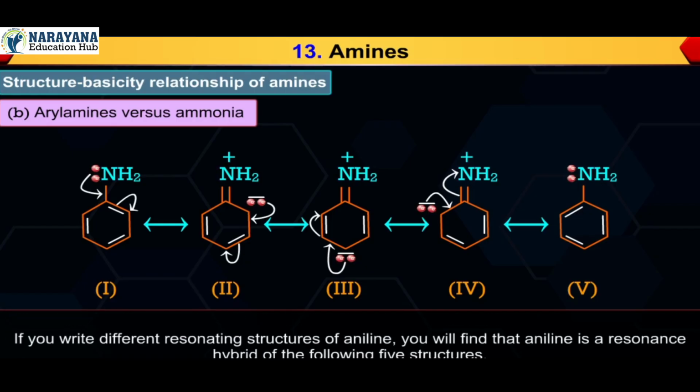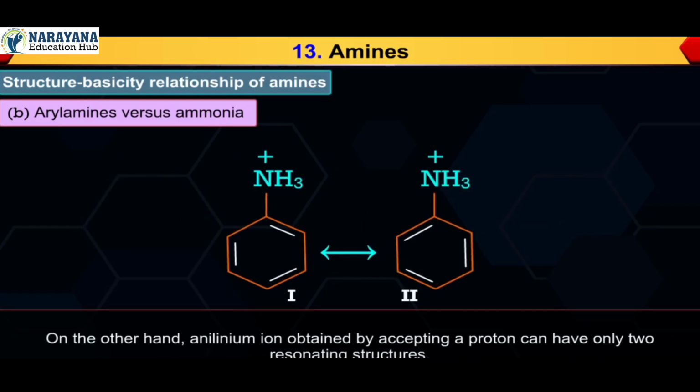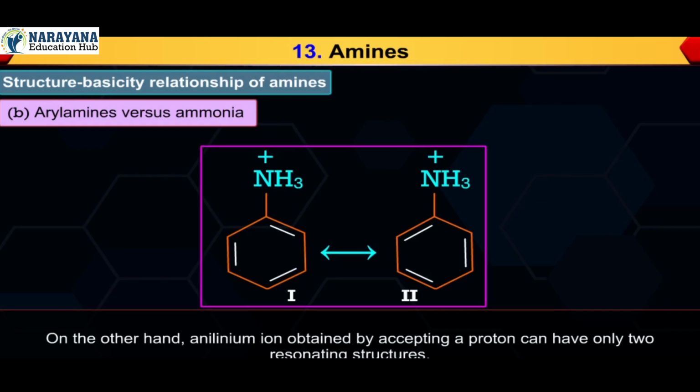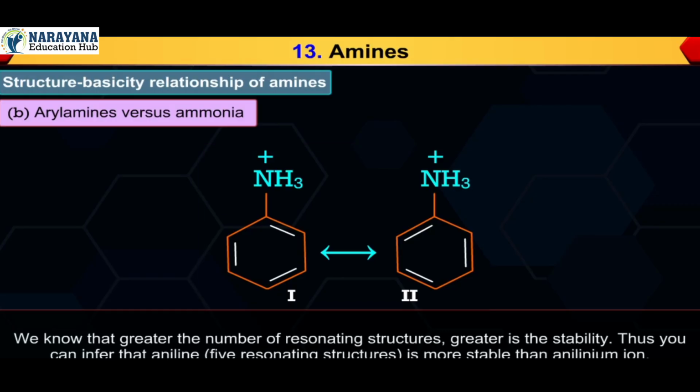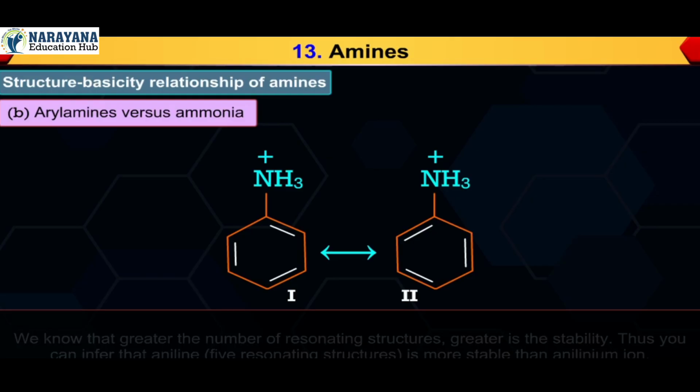If you write different resonating structures of aniline, you will find that aniline is a resonance hybrid of five structures. On the other hand, the anilinium ion obtained by accepting a proton can have only 2 resonating structures. We know that the greater the number of resonating structures, the greater is the stability. Thus, you can infer that aniline, with 5 resonating structures, is more stable than the anilinium ion.